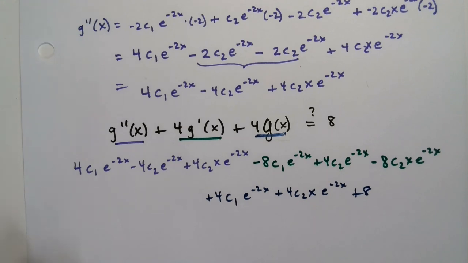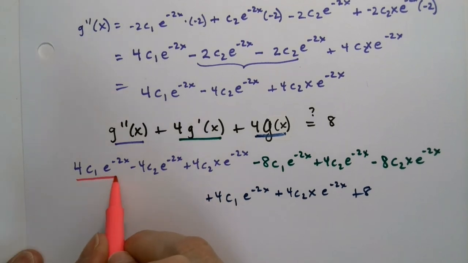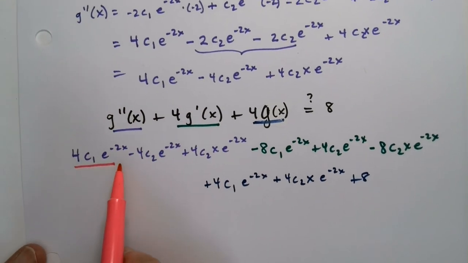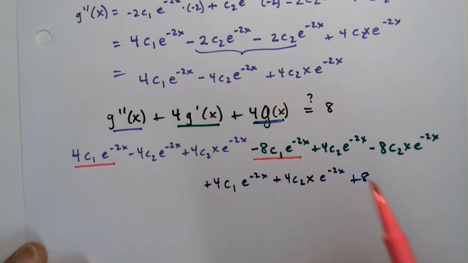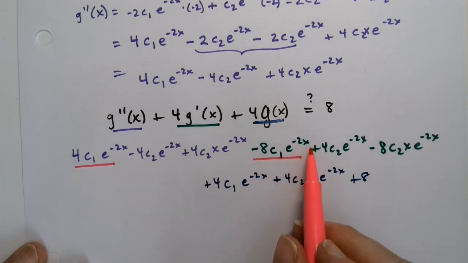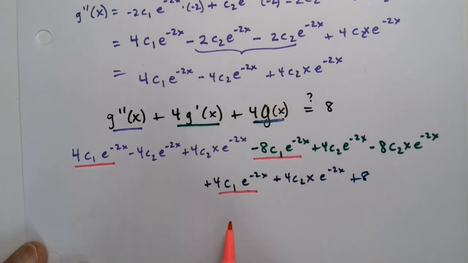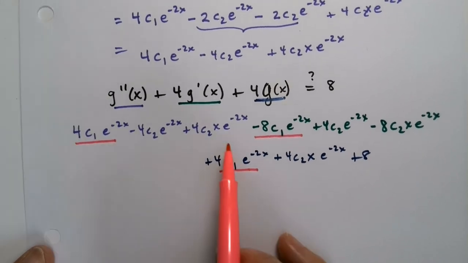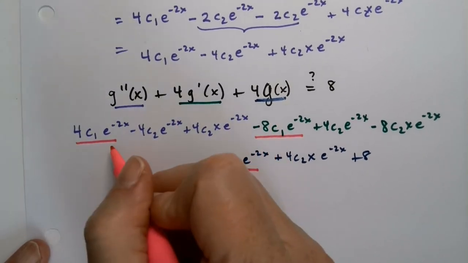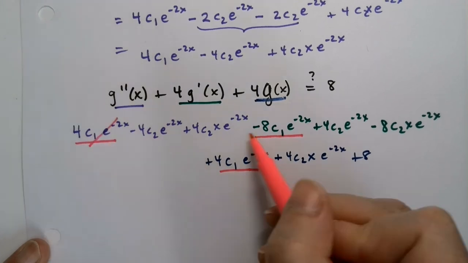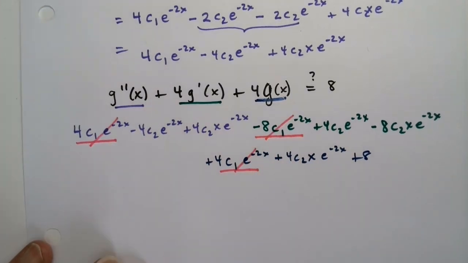All right, so let's look for some things that can be combined. I noticed the 4c1 e to the negative 2x, the minus 8c1 e to the negative 2x, and the 4c1 e to the negative 2x. 4 plus 4, take away 8, is gone. Those three all cancel.